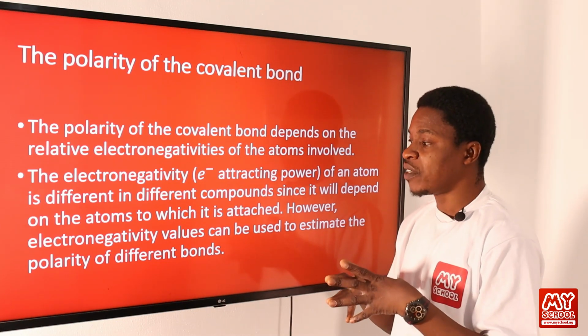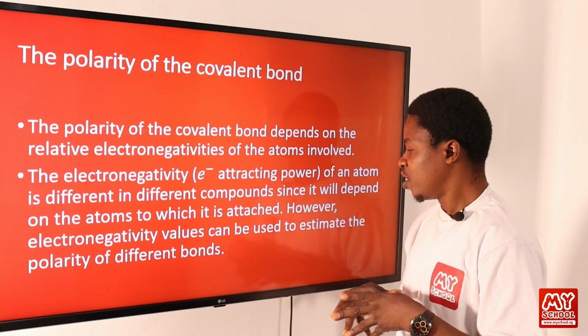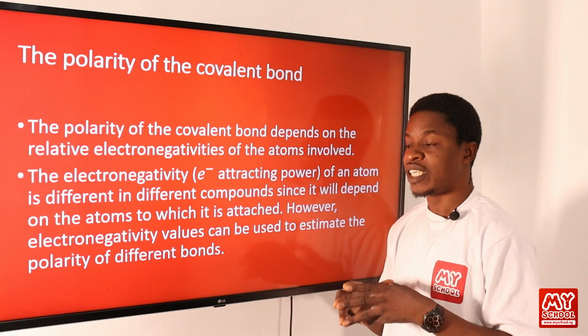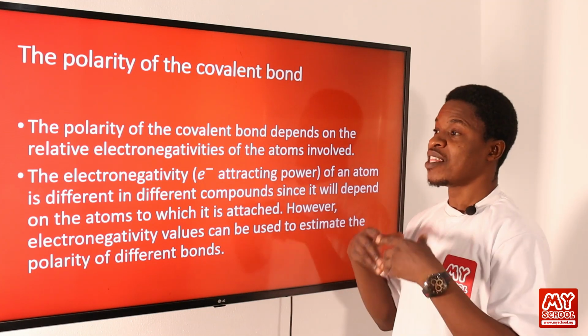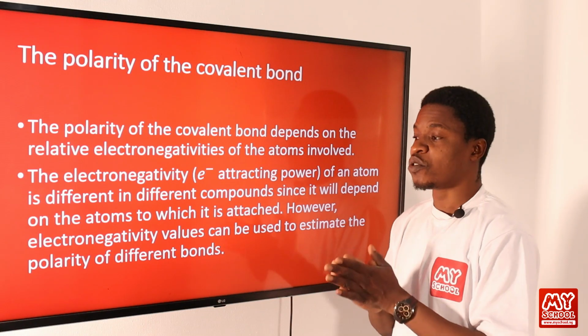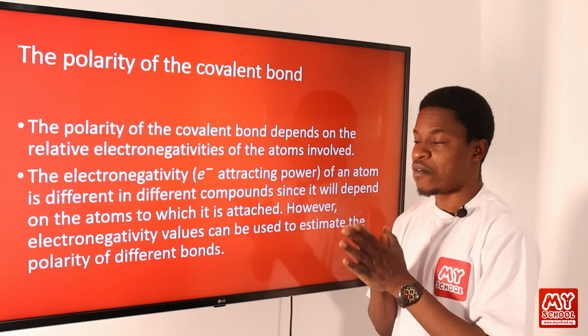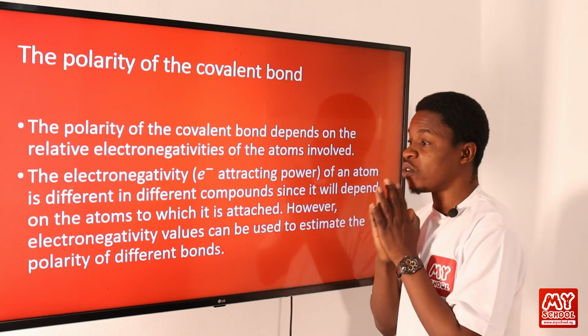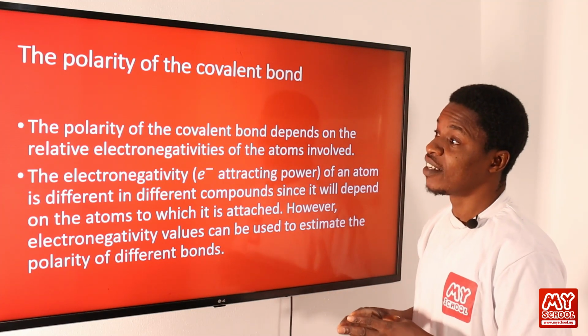However, electronegativity values can be used to estimate the polarity of different bonds. So the electronegativity value of a particular atom can be used to determine the polarity of that particular molecule. Let's move on to the next slide now.